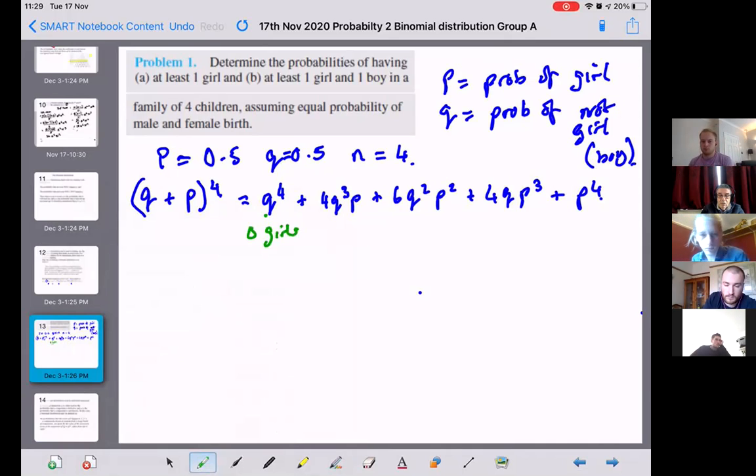This is 1 girl. This is 2 girls. This is 3 girls. And this is 4 girls.